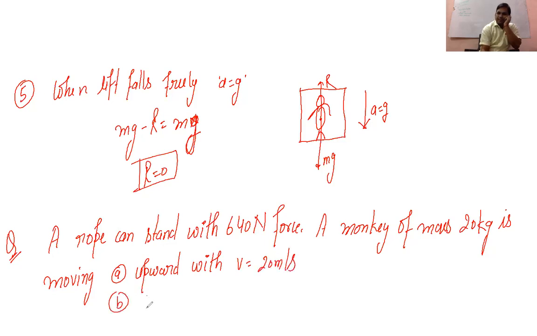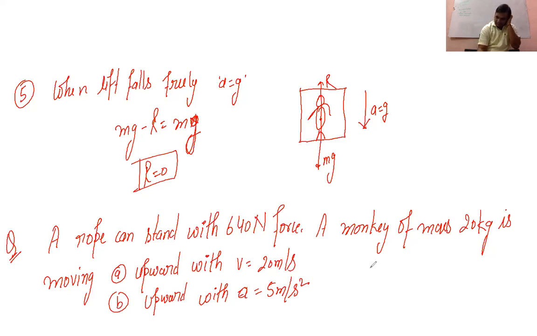B is upward with an acceleration of 5 meter per second square.